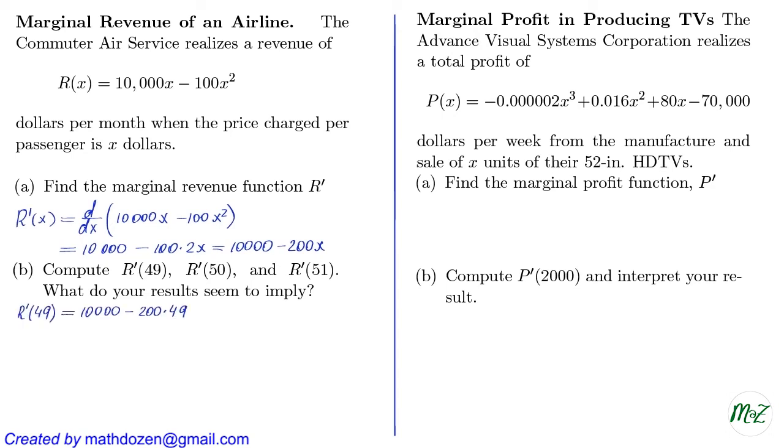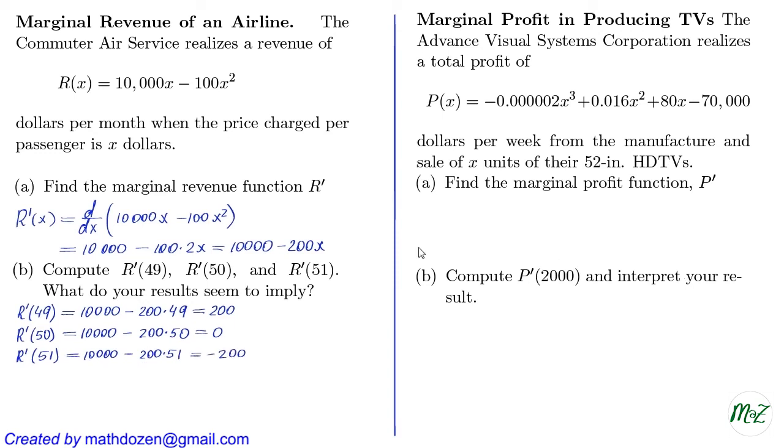Now we're going to evaluate the marginal revenue at 49, 50, and 51. So marginal revenue at $49 gives us 200. Marginal revenue at $50 gives us 0. And marginal revenue at $51 gives us negative 200.